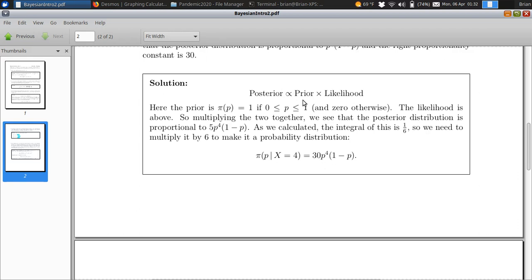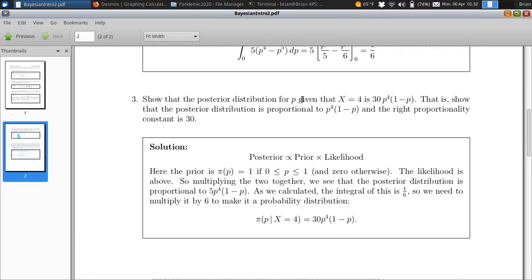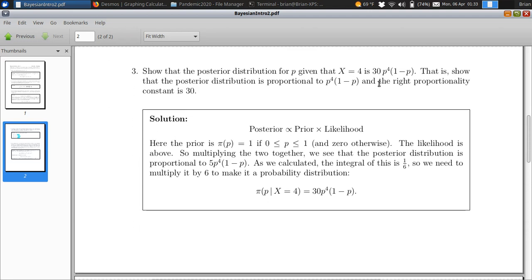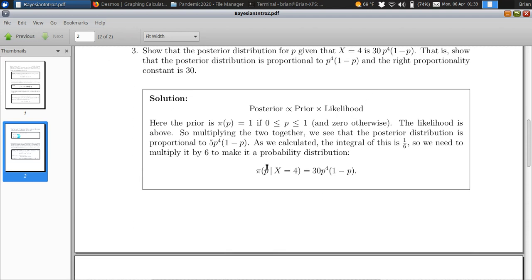So it's directly proportional to that formula, 5 times p to the 4th minus p to the 5th. But that formula is too small to be a probability distribution because the integral is only 1/6. So if we make it 6 times bigger, then this will become a 30, and then the integral will be 1, and it will be a probability distribution. So that's what the posterior distribution is.